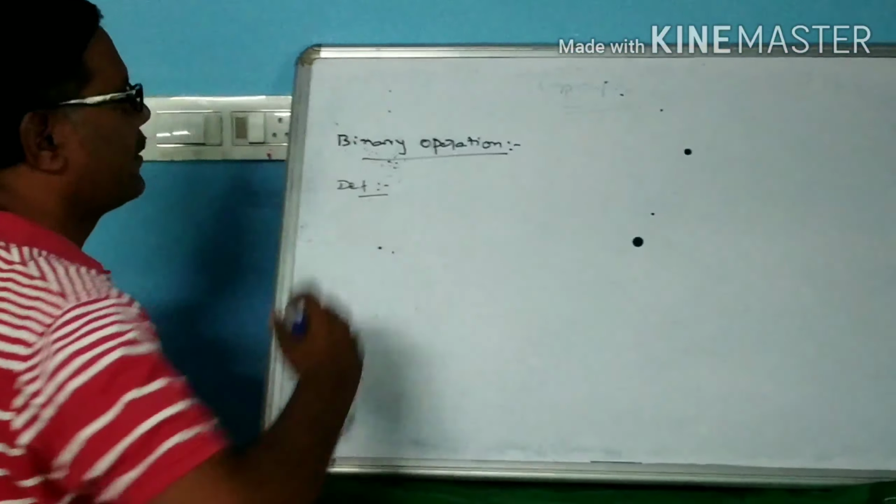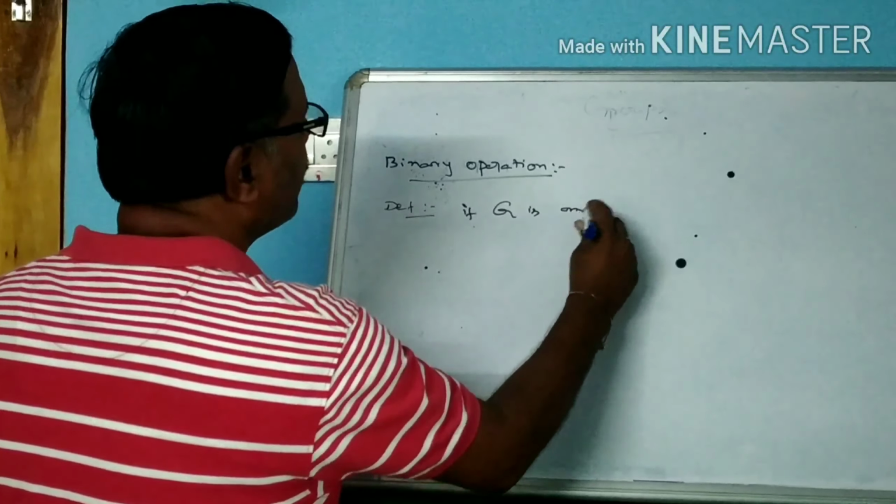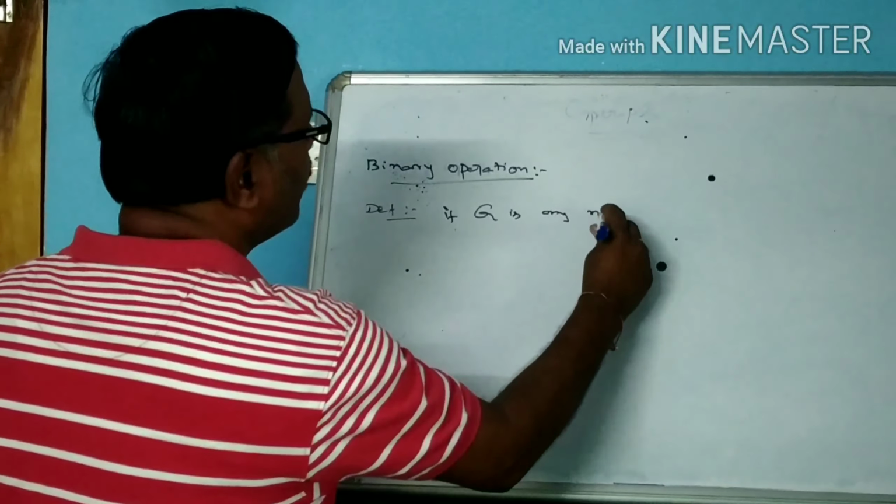Definition of binary operation. If G is any non-empty set, then any function mapping from G cross G to G is called a binary operation.